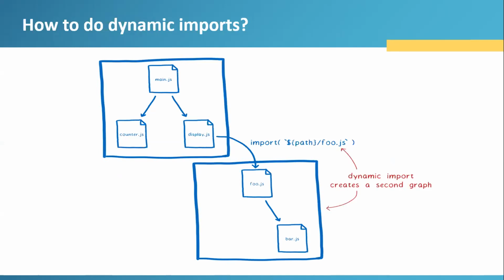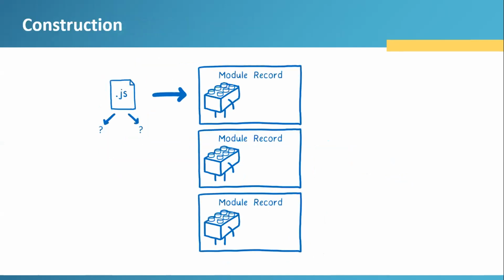So that's how we do dynamic imports. I'll not go deeper into import, just shown how we use it, for the interest of time. Now, having said that, we have covered the construction phase of ES6.